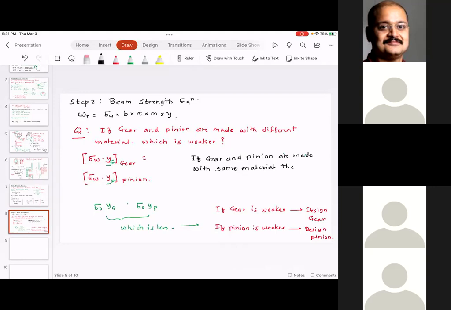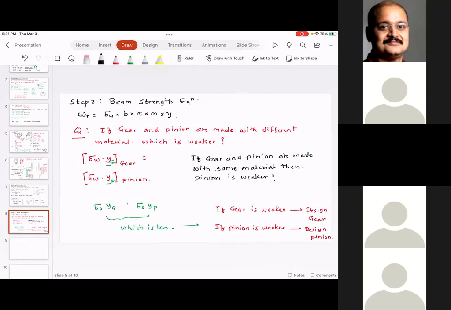But many a times the gear is made up of a different material and the pinion is made up of a different material.